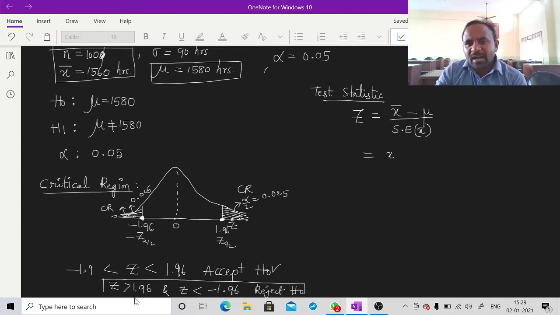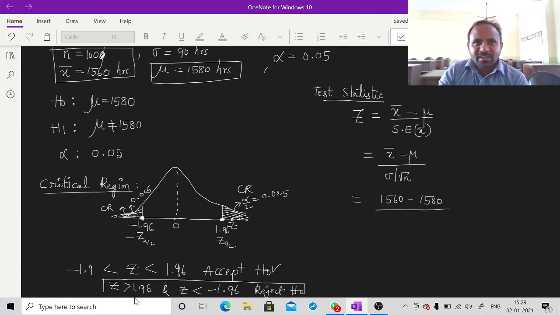So that is x bar minus mu divided by the standard error of x bar, which is sigma over root n. That is, your x bar value is 1560 minus your mu value 1580, divided by the standard deviation, also mentioned, 90 over root 100. Root 100 is 10, and 90 over 10 is 9. This is minus 20 over 9, which is negative 2.22.